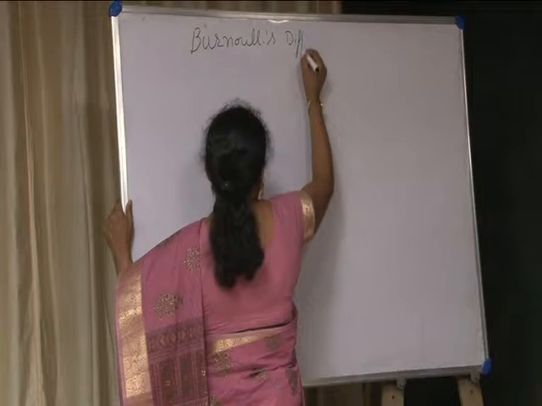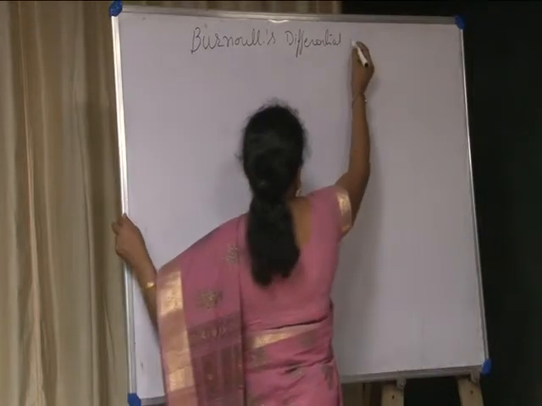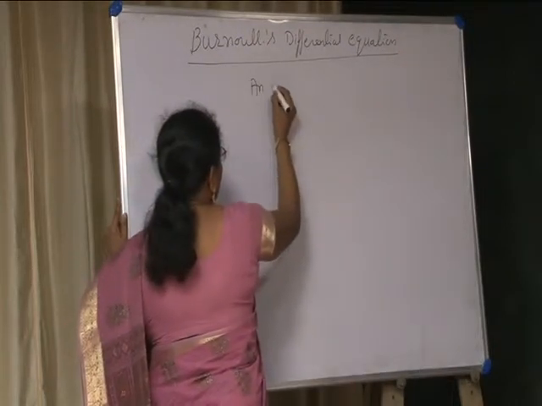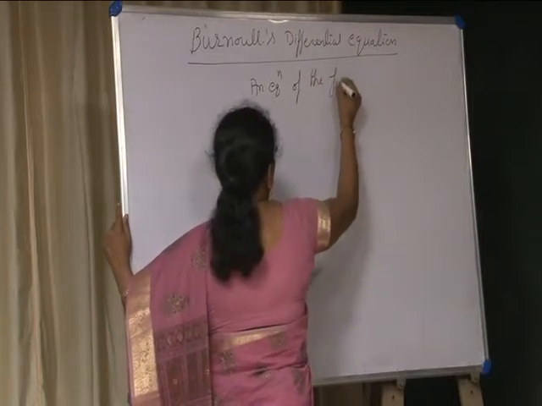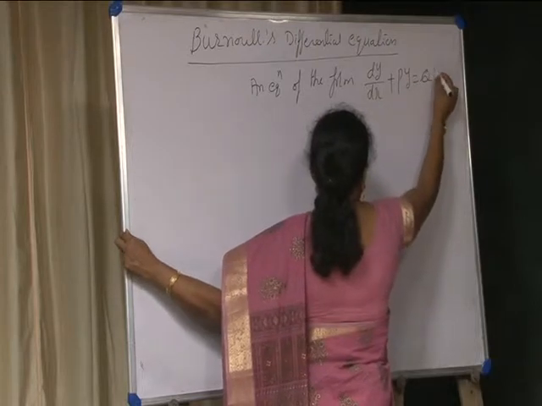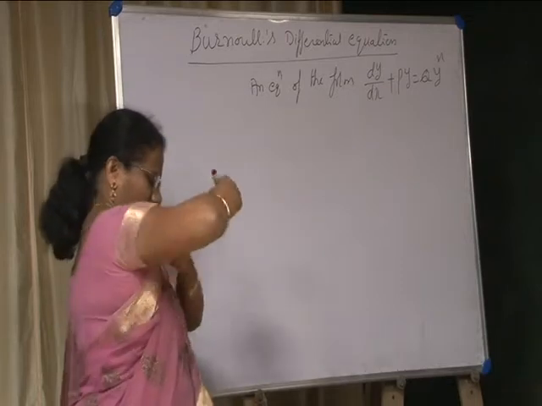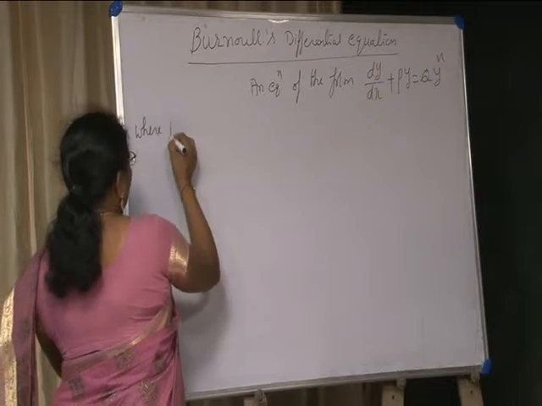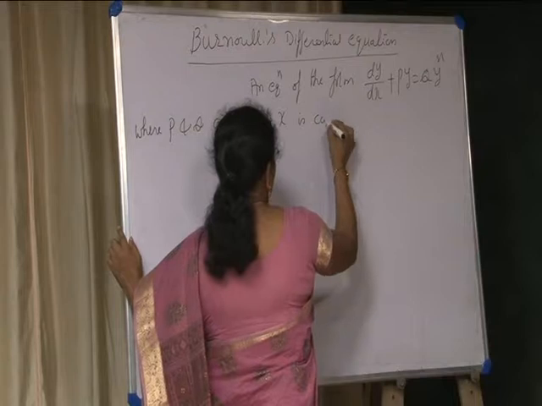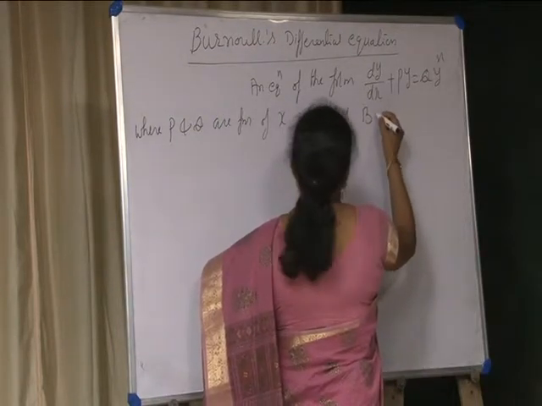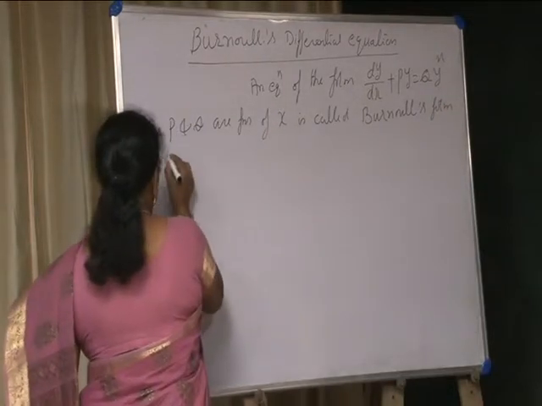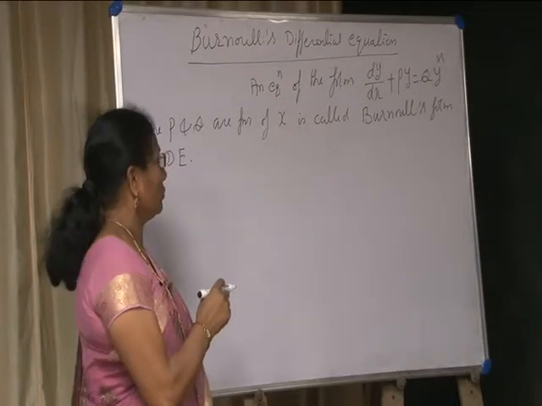Bernoulli's differential equation: an equation of the form dy by dx plus py is equal to q into y to the power of n, where p and q are functions of x, is called Bernoulli's form of differential equation.